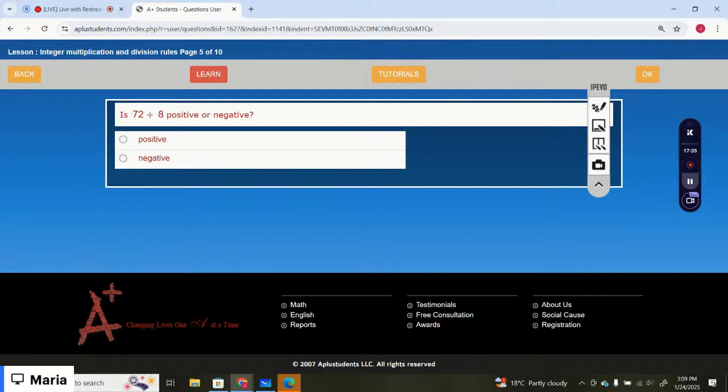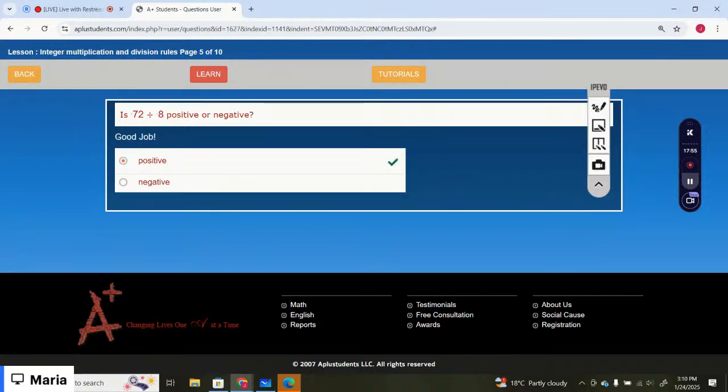Is negative 72 divided by negative 8 positive or negative? So both the numbers have the same sign, so the answer is positive. The correct option is positive.